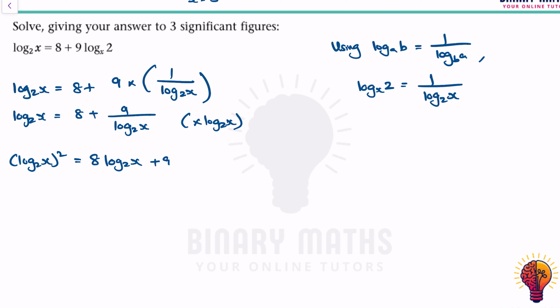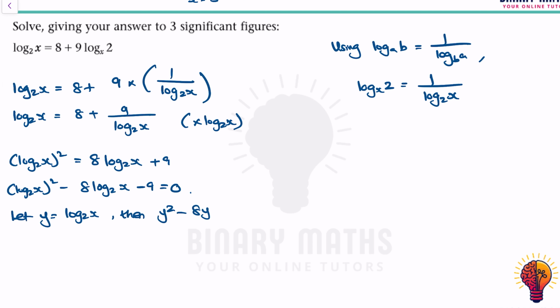If I take everything to the left-hand side, I end up getting (log base 2 of x) squared minus 8 log base 2 of x minus 9 equals 0. Again, it's a hidden quadratic. So let y be equal to log base 2 of x, and then I've got y squared minus 8y minus 9 equals 0.